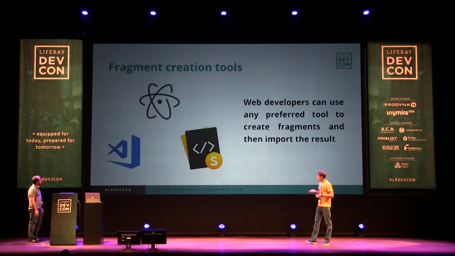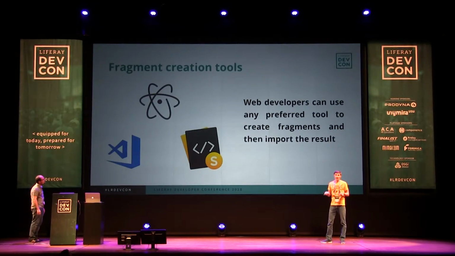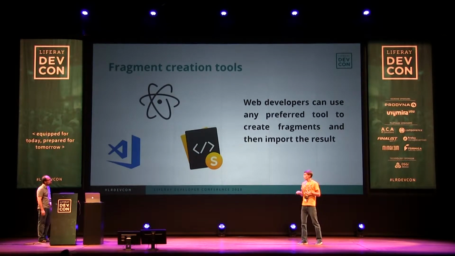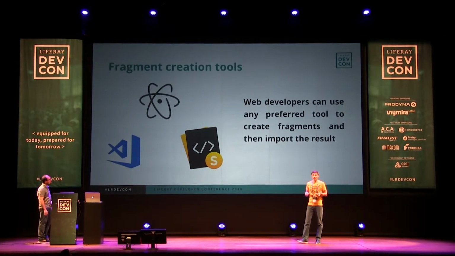But it's not the only way to create fragments, and the web developer can use a preferred tool like Atom, Visual Studio Code, Sublime, and so on to create fragments and then import them into a Liferay instance. And we created a special command line tool which allows you to create a package ready to be imported to the Liferay instance.